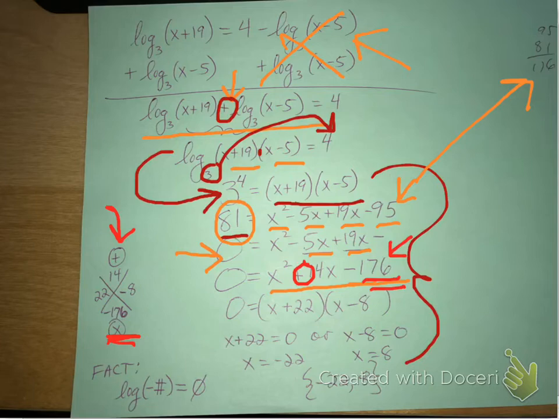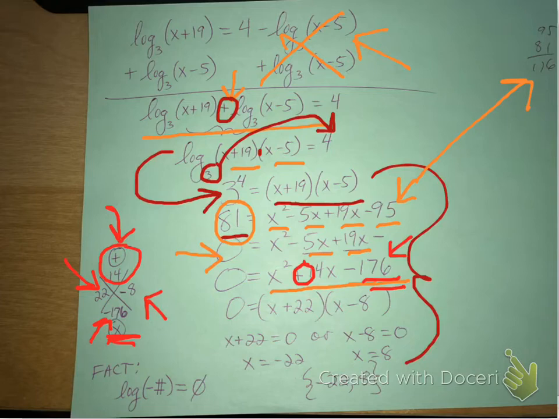Actually, all those that I just mentioned, I was just making up off the top of my head. But if you notice that they have to multiply to get a negative 176, but they have to add to get a positive 14, so one of my factors here has to be negative. The larger of the two has to be positive because they have to add to get a positive 14. So these are factoring skills from Algebra 1, but the numbers are pretty large to work with. So here we go, we just have to deal with it.